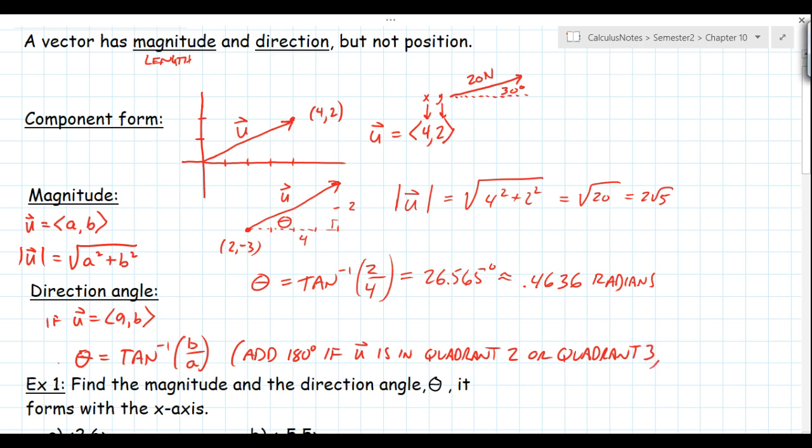So you have to look at the coordinates of your vectors. If either the x-coordinate or the y-coordinate is negative, then you know you're in quadrant 2 or 3, and you add 180, because the inverse tangent function will only give you answers in quadrants 1 and 4. Add 180 to get into quadrants 2 or 3.